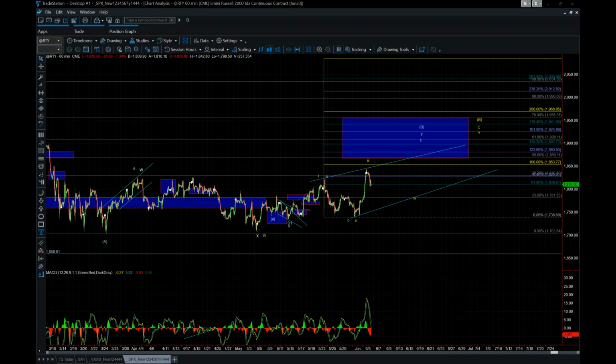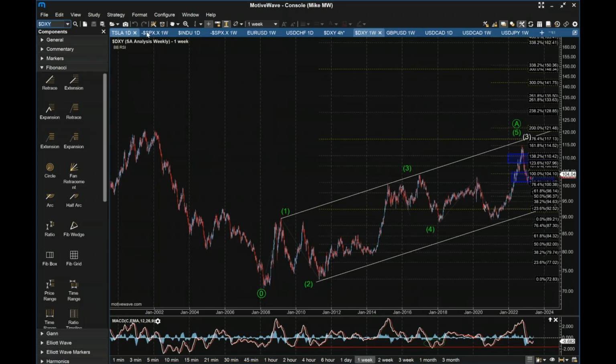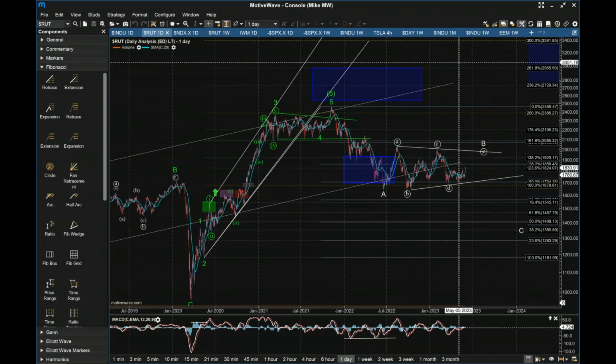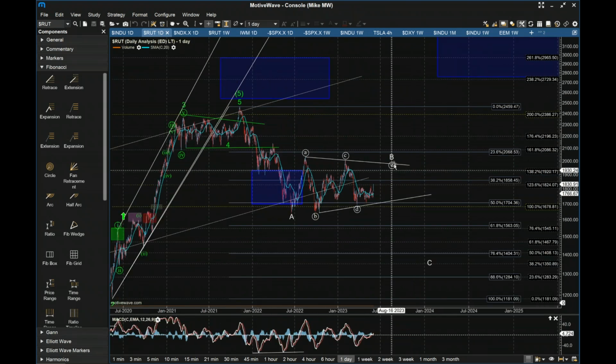So let me pull the larger time frame chart on the Russell up here. So this looks like it may be trying to fill out a triangle here for this B wave.